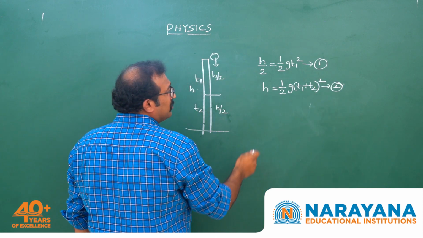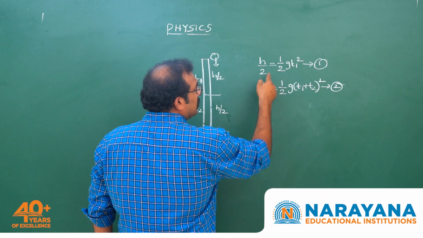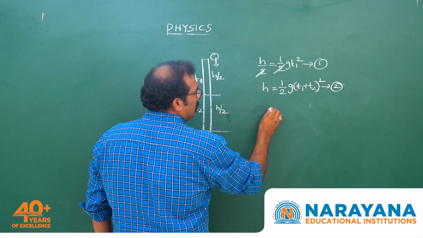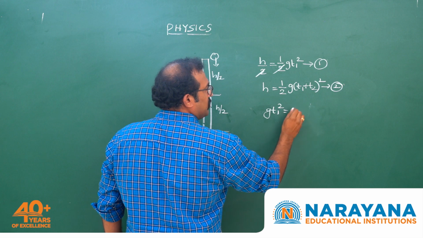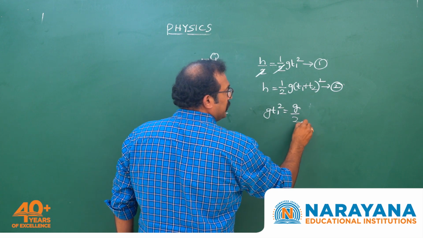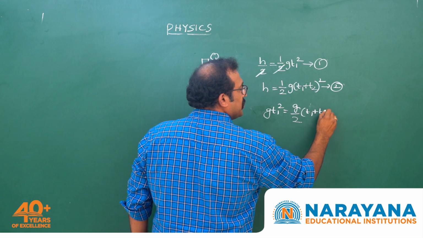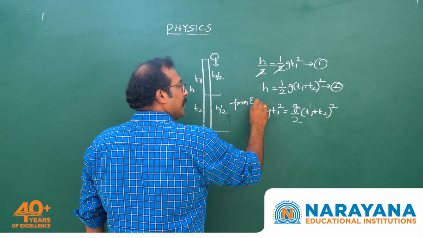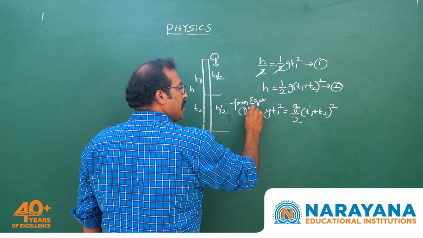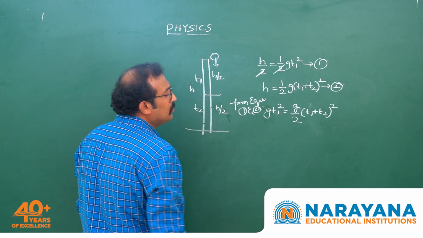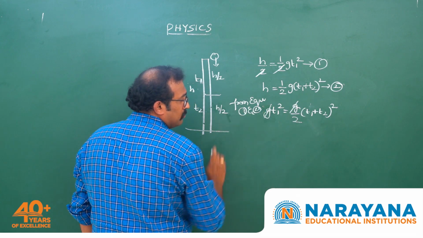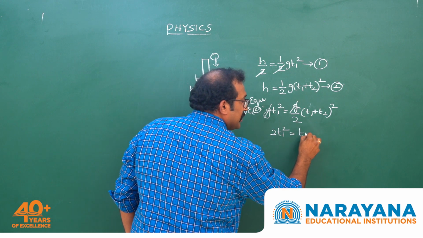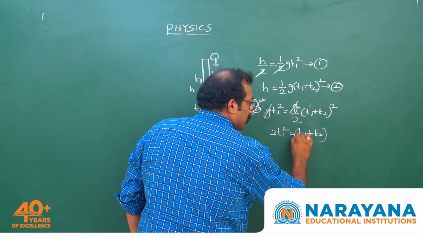From 1 and 2, we can substitute: half g t1 square is equal to g by 2 into t1 plus t2 whole square. So therefore, 2 t1 square is equal to t1 plus t2 whole square.